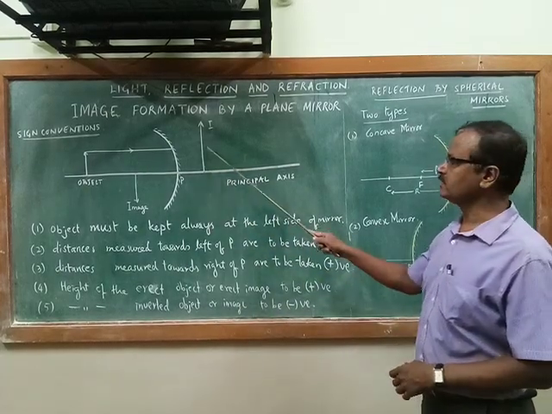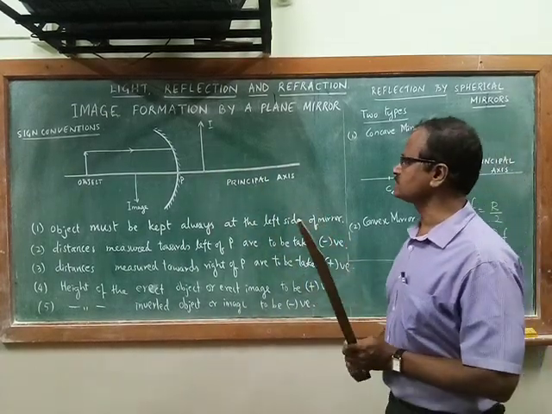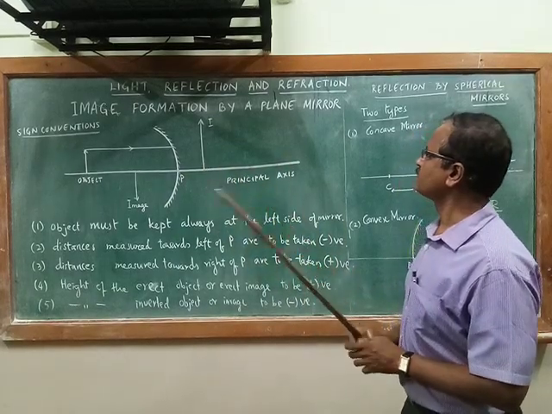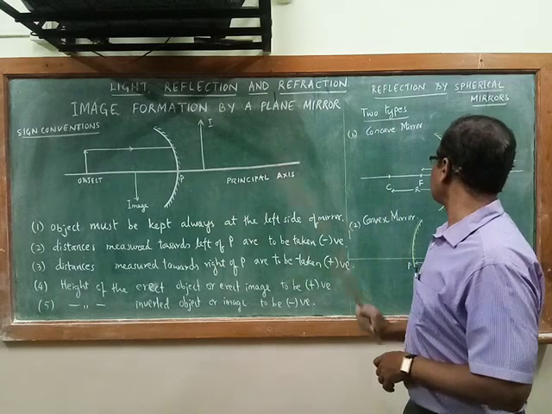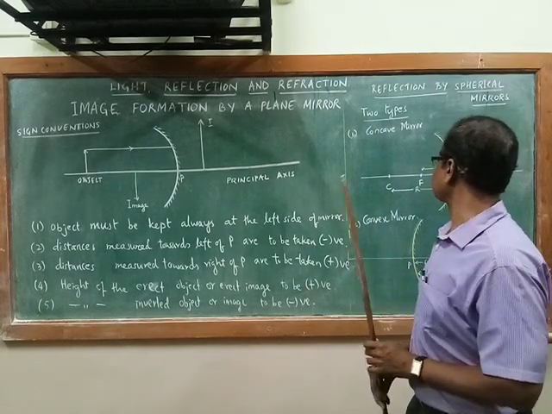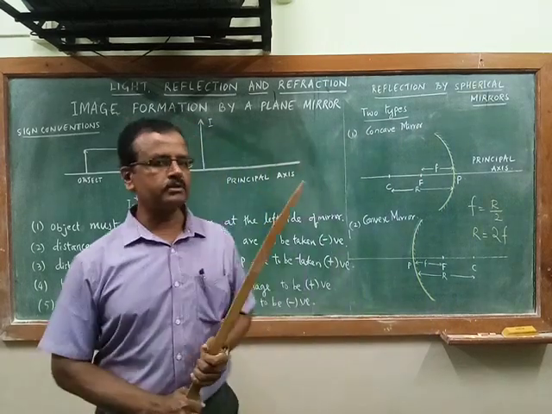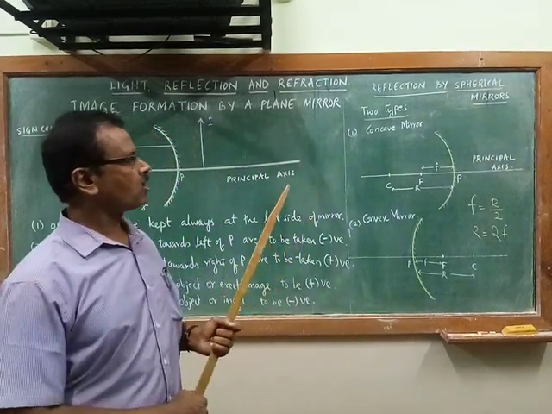So these are all very important sign conventions before we learn image formation by a concave mirror and a convex mirror. Then what about the uses of the concave mirror?